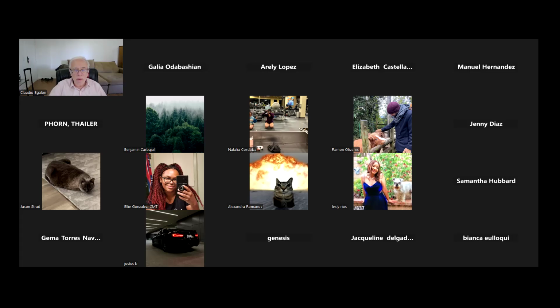Valerie Diaz. Juan Escalera. Bianca Elocchi. Edwin Gonzalez.